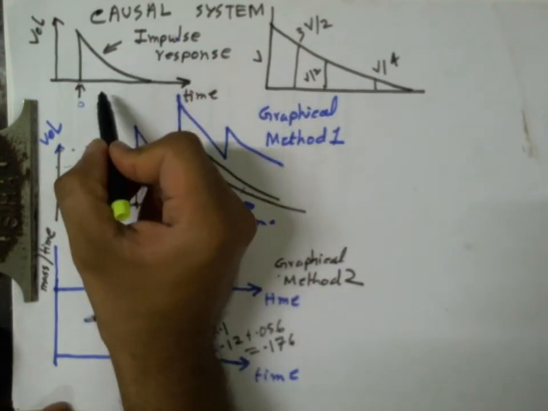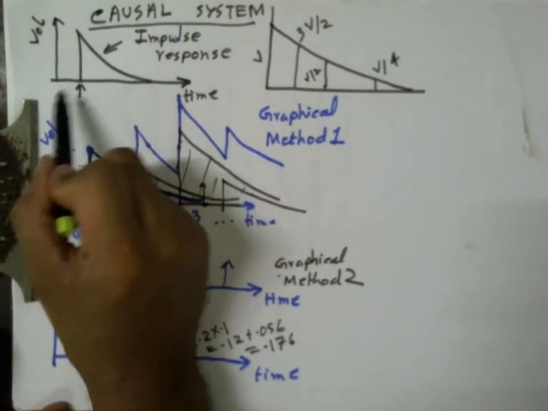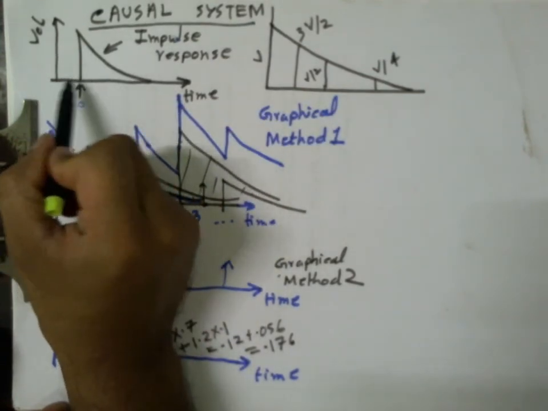In other words, a system is causal if its impulse response is 0 before the impulse.